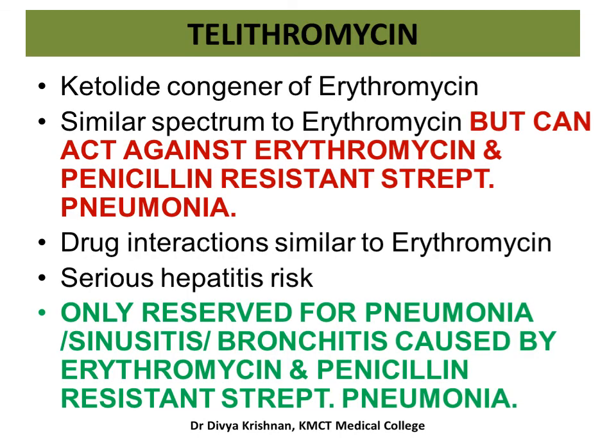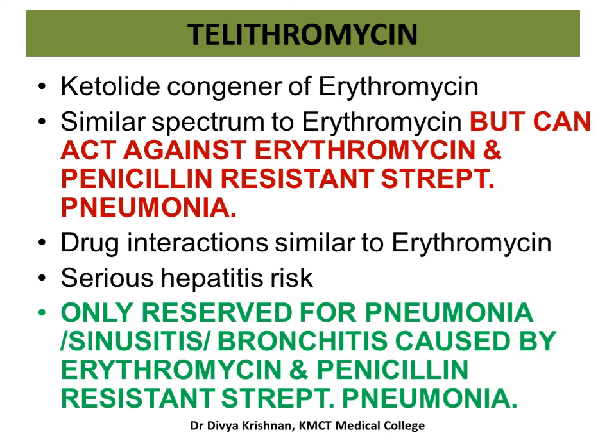The next drug is telithromycin. It is a ketolide congener of erythromycin, has a similar spectrum to erythromycin, but the notable thing is that it can act against erythromycin and penicillin resistant Streptococcus pneumoniae. That is the important thing. So drug interactions are similar to erythromycin and there is a serious hepatitis risk.